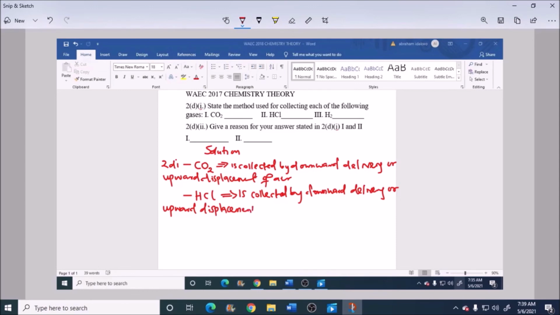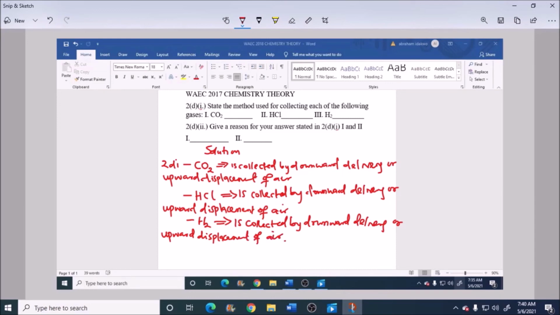Then we have the last gas, hydrogen gas. Hydrogen gas is also collected by downward delivery or upward displacement of air.